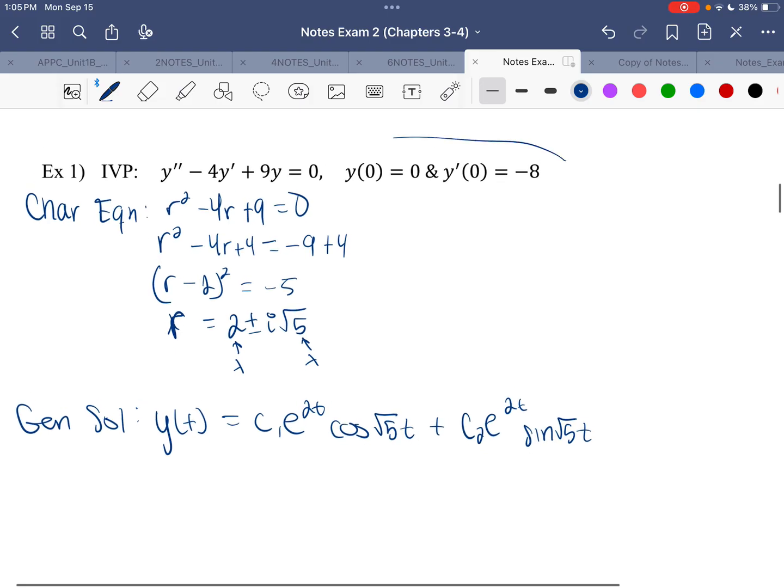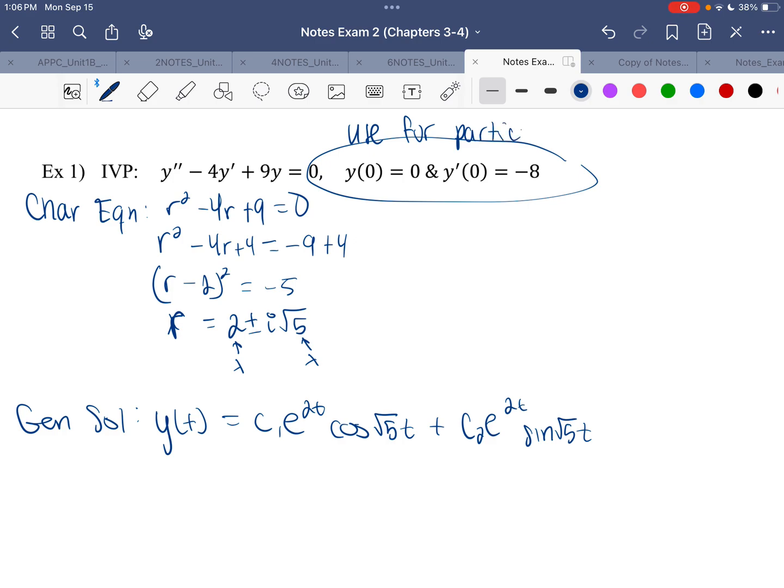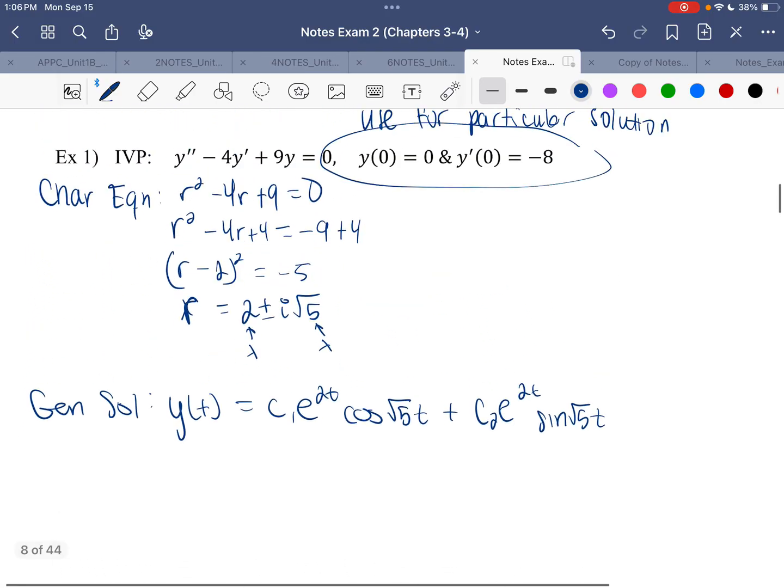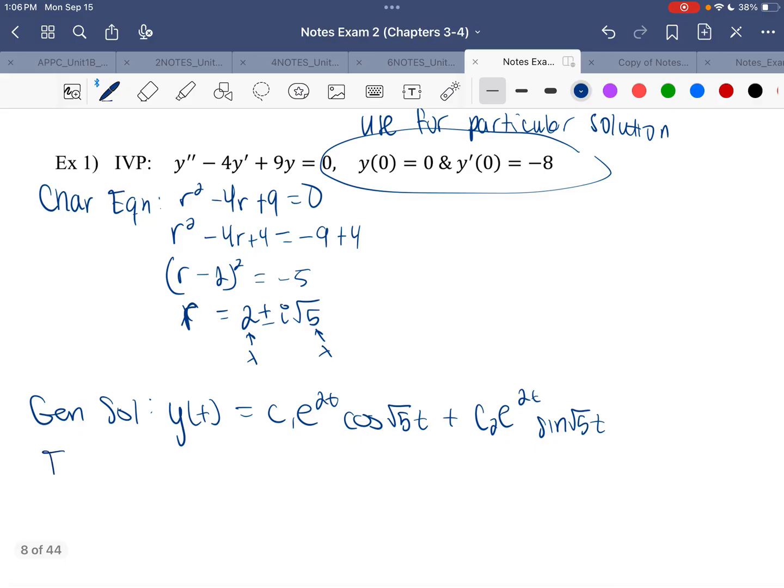But we want to use these for the particular solution. Okay, so our initial condition, y at 0 equals 0.